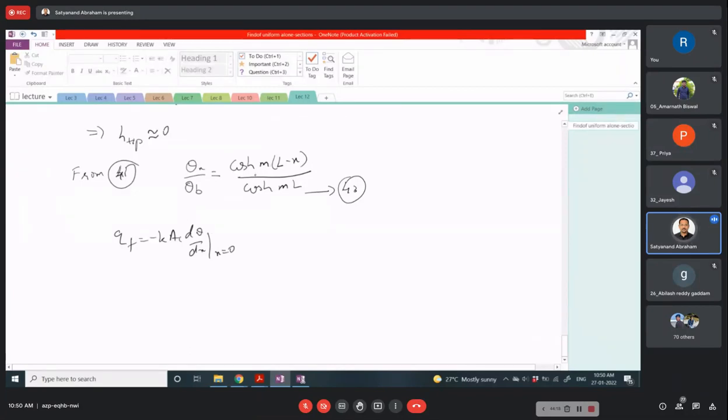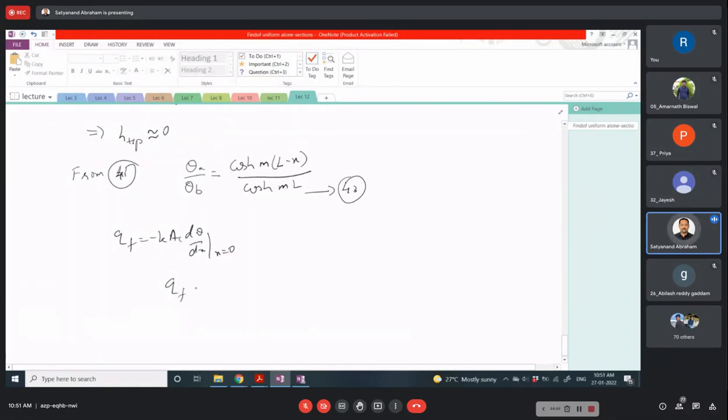You can differentiate it. You can see that minus m cosh m(L minus x) divided by cosh mL, and at x equal to 0, the top is going to be sinh mL, and the bottom is going to be cosh mL.